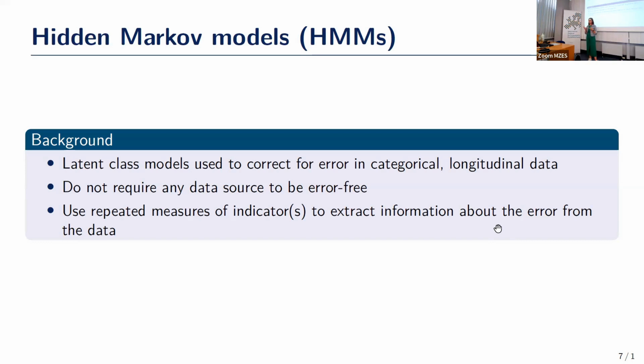So this is a very attractive alternative because we don't need to make this assumption. We can actually just use error-laden data sources, data sources that contain error. And instead of using an error-free benchmark, called standard data, they use repeated measures of one indicator, or extended hidden Markov models of multiple indicators. They extract information about the error directly from the data.